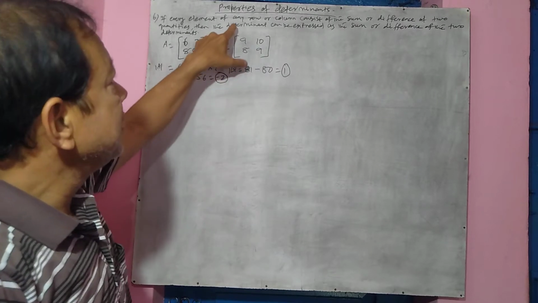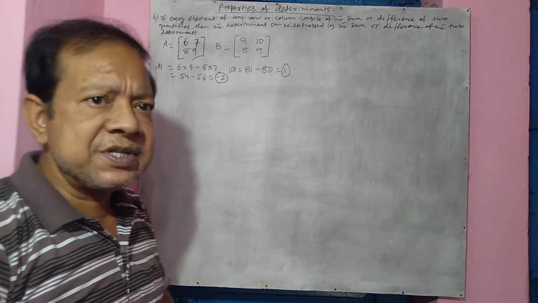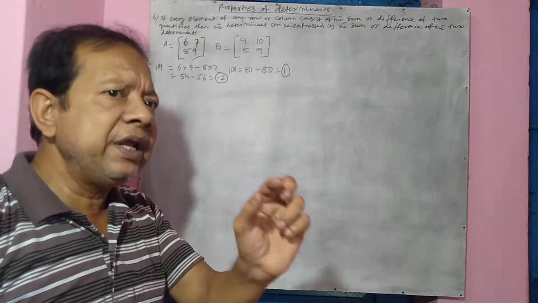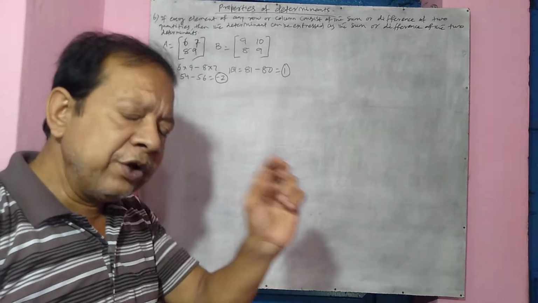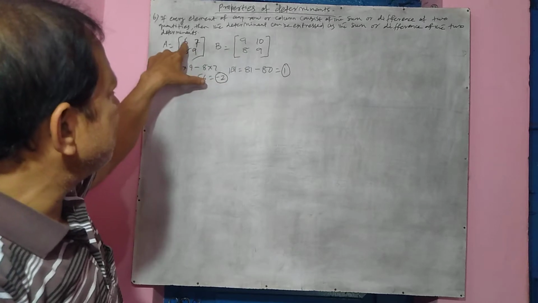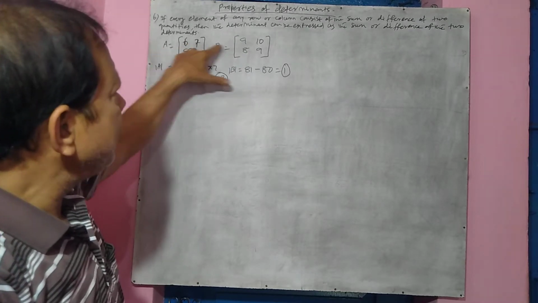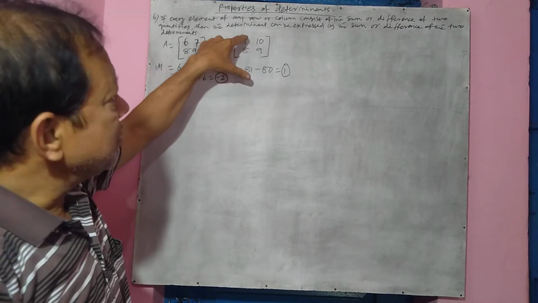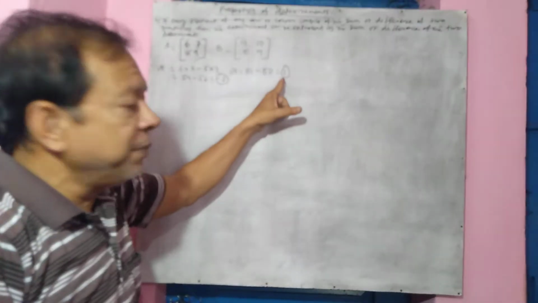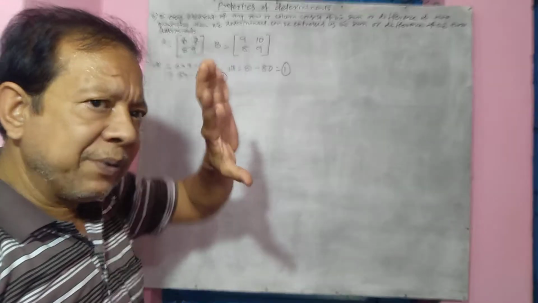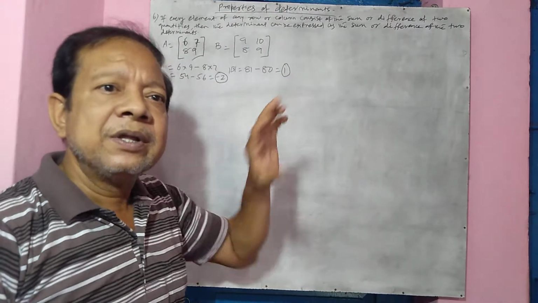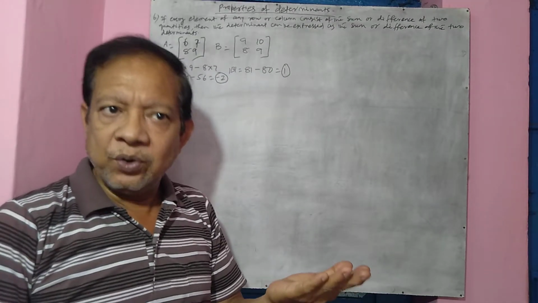This is what the property says: if we add a fixed constant to one row or one column, as we have done here by adding 3 to the first row, then the second determinant will be 3 more than the first.